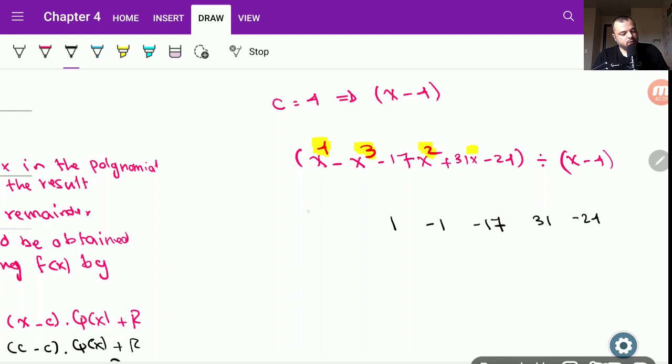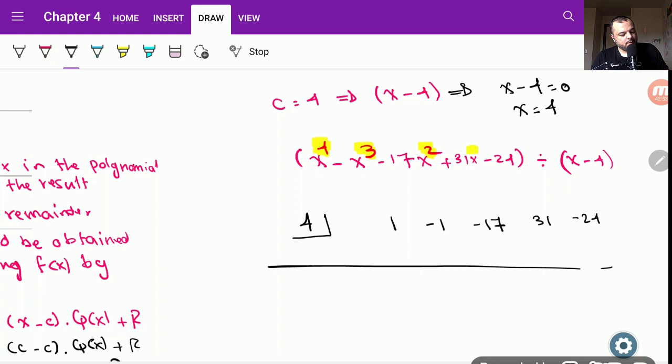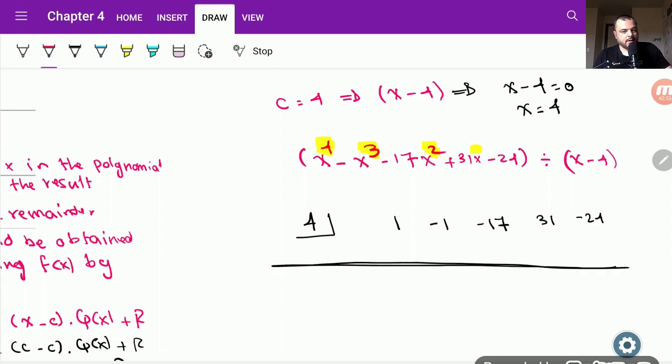And I'm going to divide this by 4, the 0 of the divisor. Just go back and check the previous video about the synthetic division. X minus 4 is equal to 0, then x equals 4.